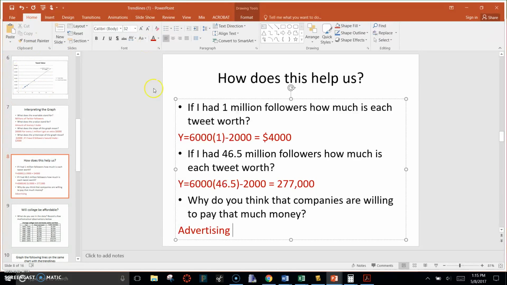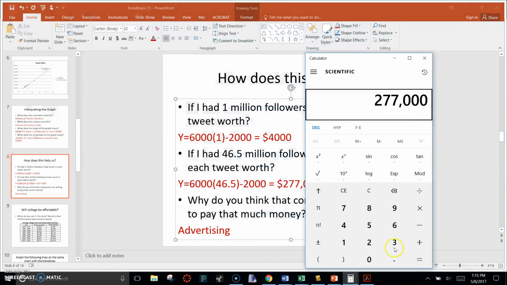So if he has a Twitter account and he tweets out, hey, Nike came out with these new shoes, you should buy them, Nike's definitely willing to pay $277,000, because even if 1% of the people who follow him followed his advice, that would be 465,000 people.